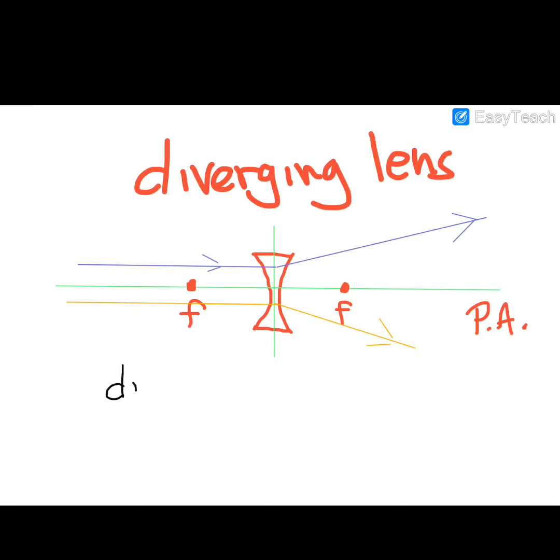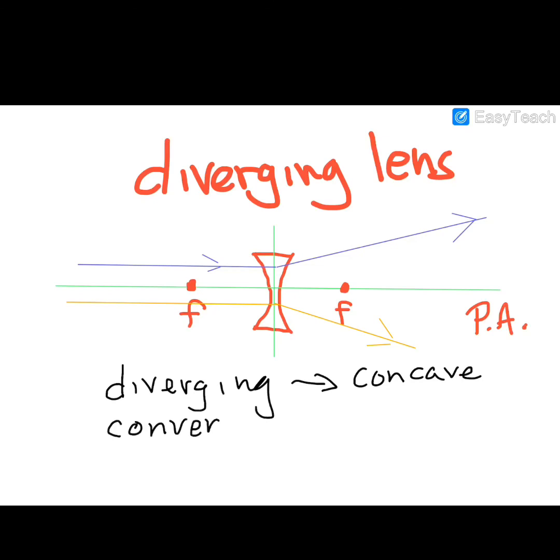I should take a moment right now just to add one little thing. You will often see diverging lenses referred to not as diverging, but as a term we're familiar with from mirrors, concave. You will also see converging lenses referred to, in a term that we're familiar with from mirrors, as convex.